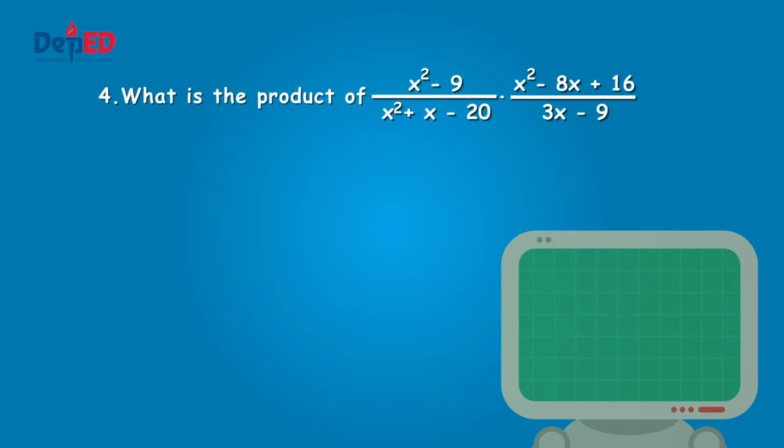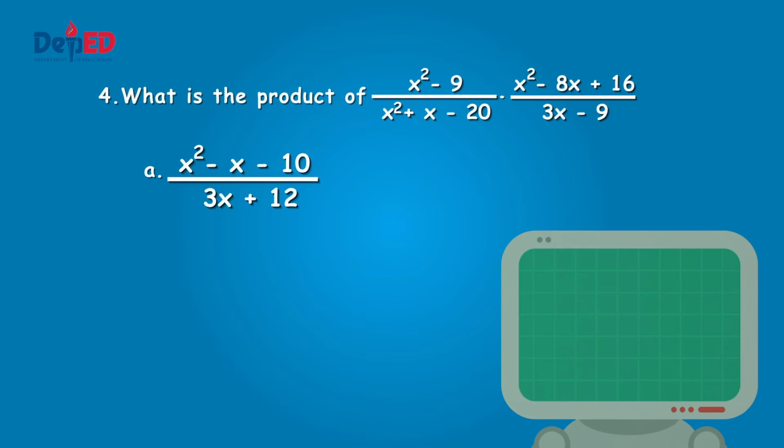Number 4. What is the product of x squared minus 9 all over x squared plus x minus 20 times x squared minus 8x plus 16 all over 3x minus 9?